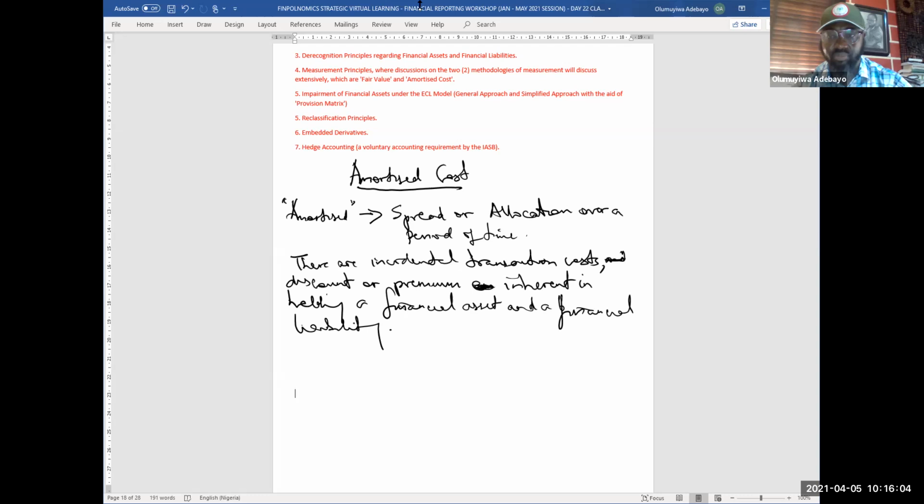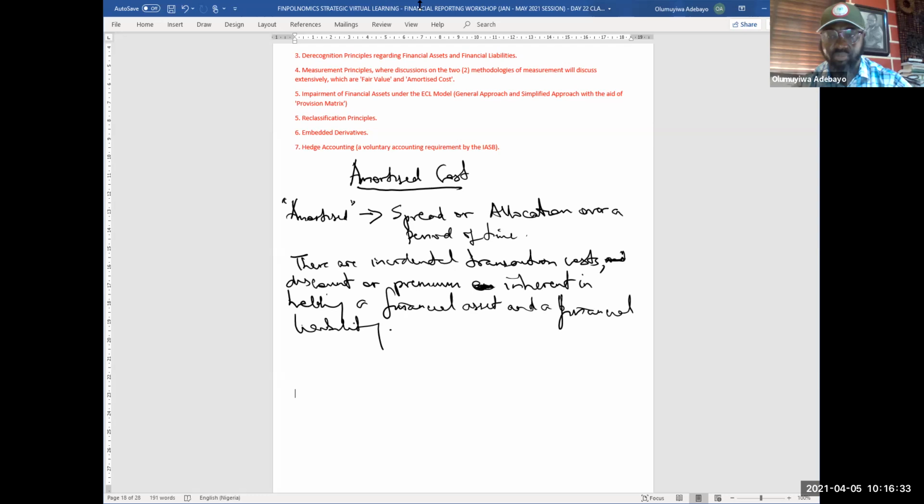If I treat it as an asset, then by way of recognition of income over time and receiving of my cash flow over time, I need to amortize that 10,000 naira over the life or duration of the bond. In that regard, what should we do?